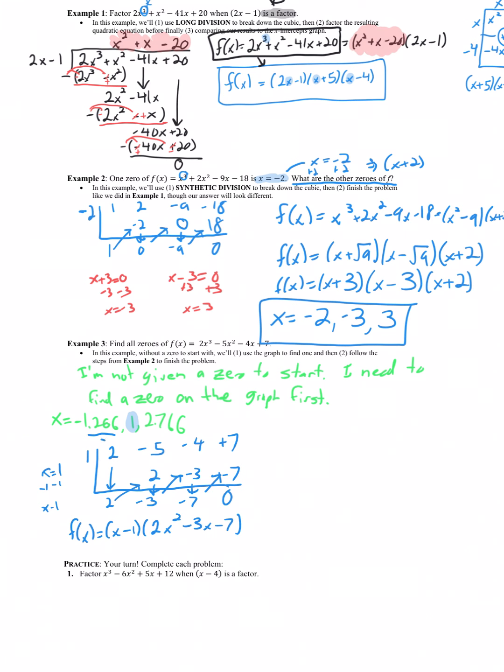Because I have some really weird zeros here, I know that I'm not going to be able to use the simple factoring method to find those. I know I'm not going to be able to complete the square easily to find those. What I'm going to need to do here is actually use the quadratic formula.